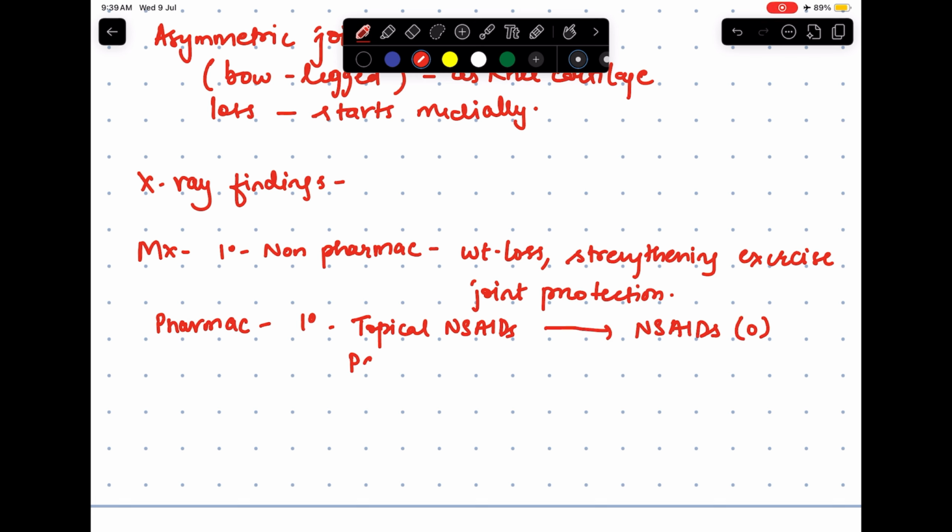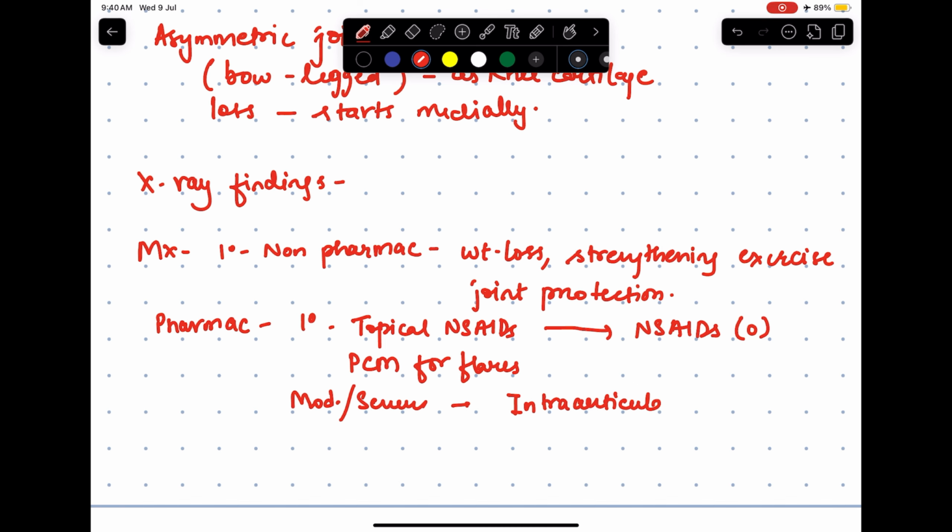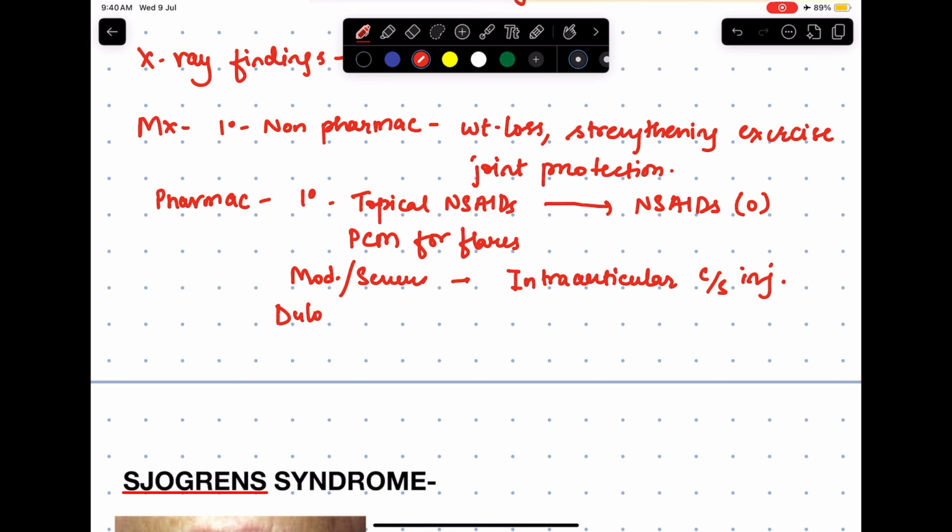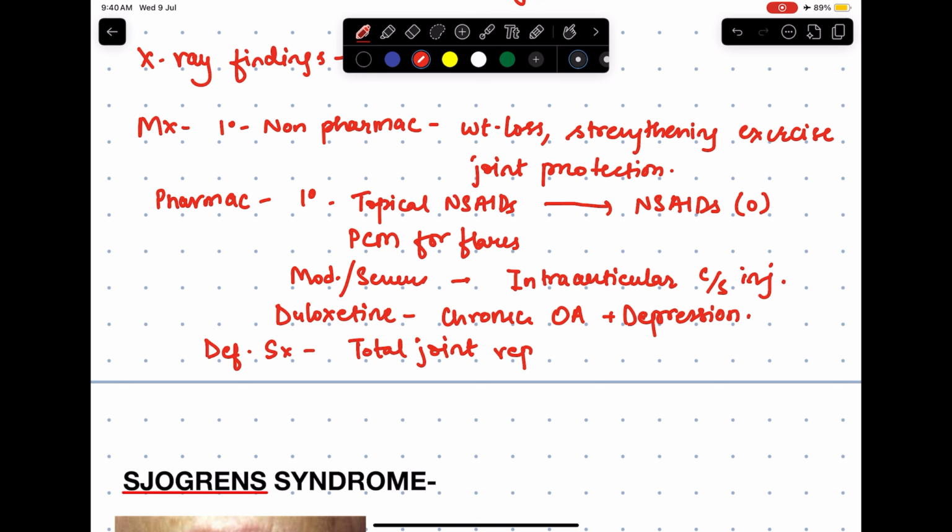Primarily topical NSAIDs, and after that we can start oral NSAIDs. For flare-ups we give simple paracetamol. For moderate to severe pain, we give intra-articular corticosteroid injections, and there is a specific drug, duloxetine, which we give in chronic osteoarthritis with depression.